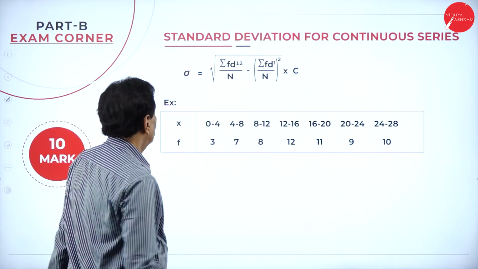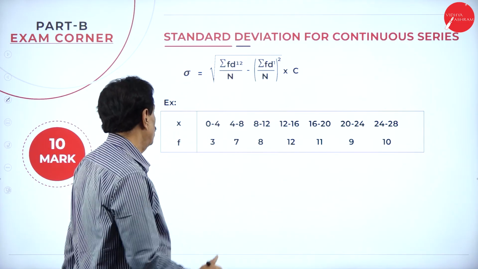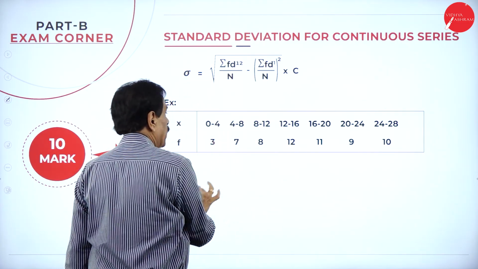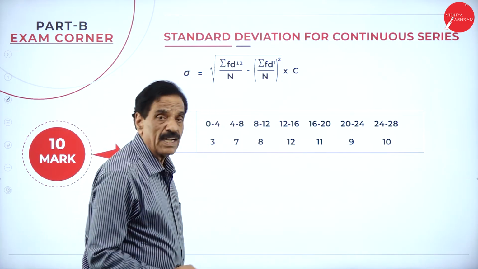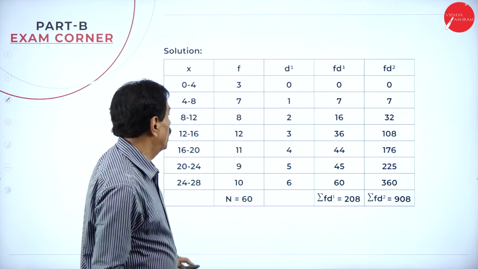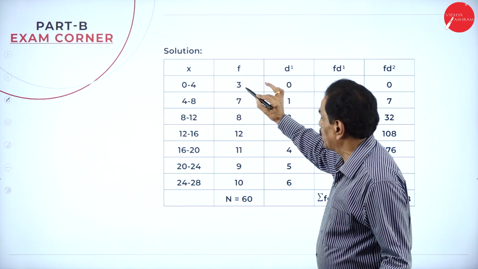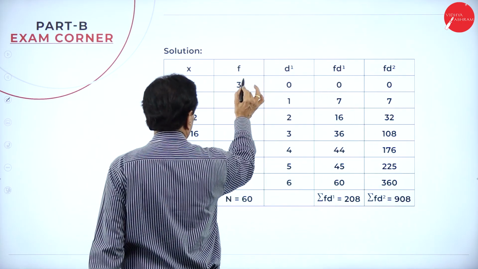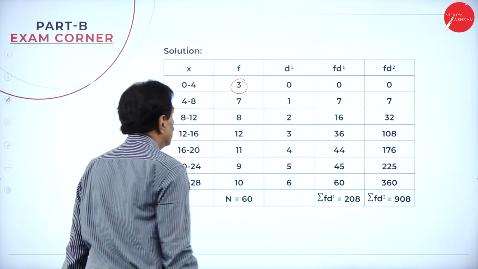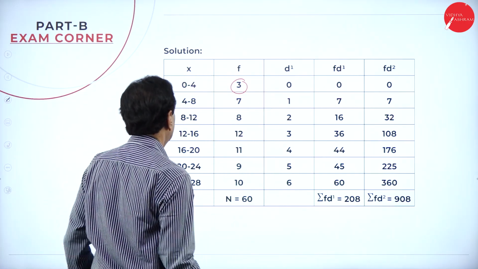Then move on to standard deviation for a continuous series. Here 0 is the lower number and 4 is called the upper number; 4 is the lower number and 8 is the upper number. So 0 to 4, 4 to 8, and so on, with frequencies 3, 7, 8 and the total 60. Here you take deviations.